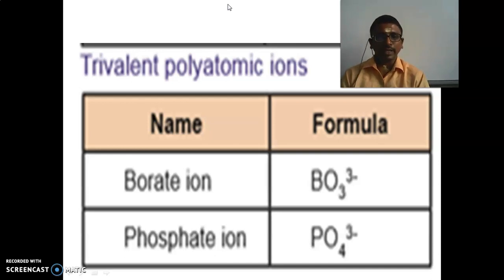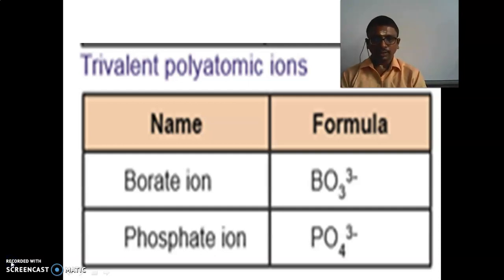The ion indicates the charges, whether it will be a positive charge or a negative charge. The cation means positive charge. The anion means negative charge.